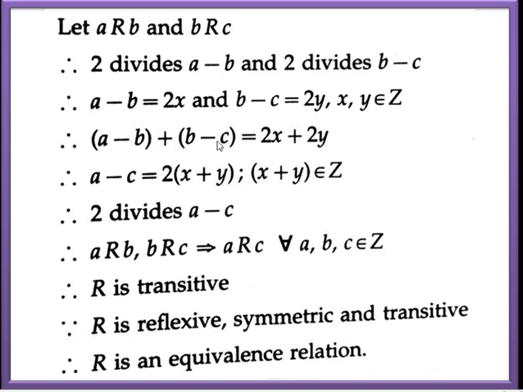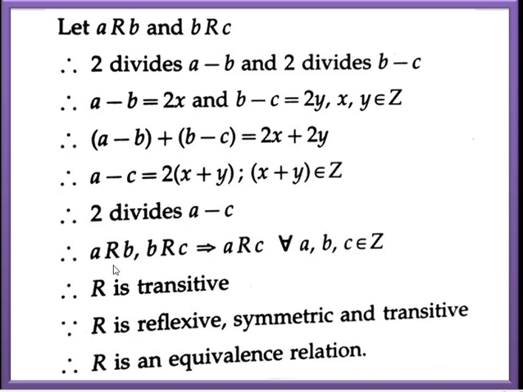a minus b plus b minus c is what? 2x plus 2y. Here b gets cancelled. So what remains? a minus c. RHS is 2 times (x plus y). But note that x plus y is an integer. So 2 times (x plus y) is also divisible by 2, and so the conclusion is 2 divides a minus c.